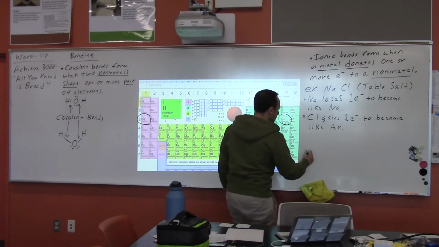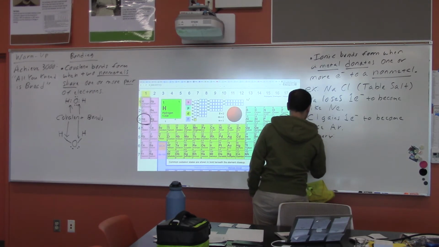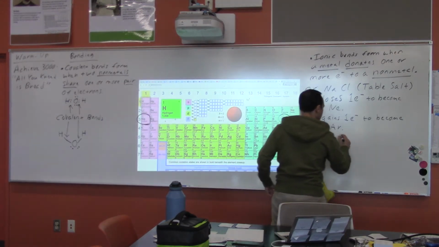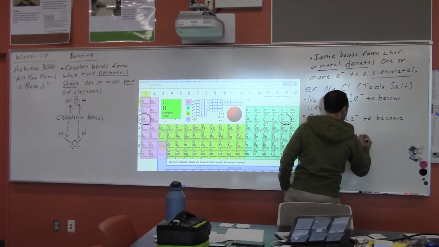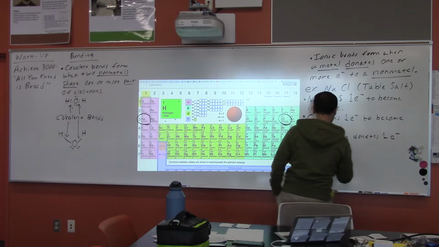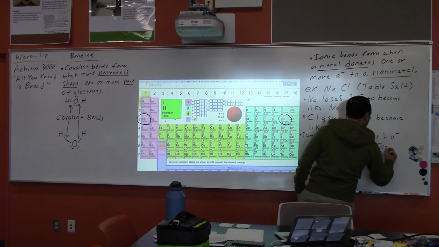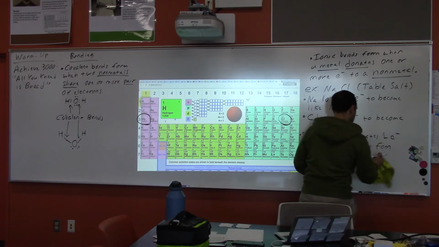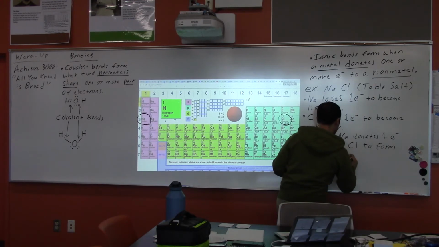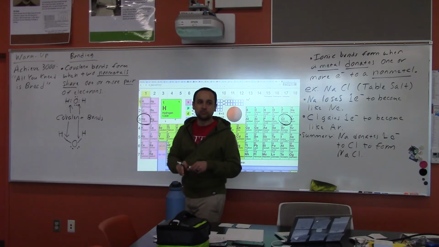So in summary, for the chemical itself, what we'll say is sodium donates one electron to chlorine to form sodium chloride. Okay? And that's the scoop.